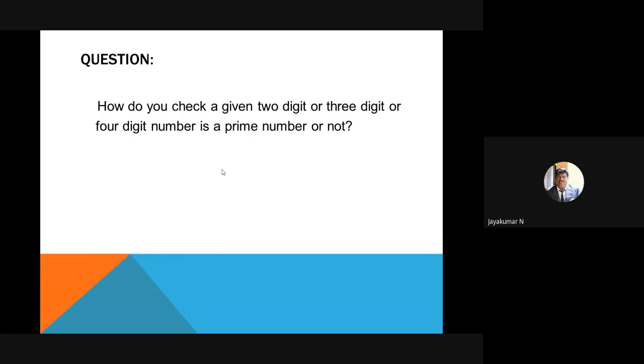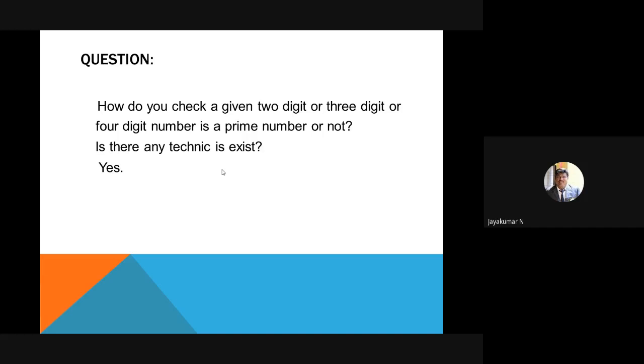How do you check whether a given 2-digit or 3-digit or 4-digit number is a prime number or not? If we increase the number of digits, it is a little bit difficult, so I choose only 2, 3, 4. From the exam point of view, maximum 4-digit they will ask. How do you check? Is there any technique that exists?